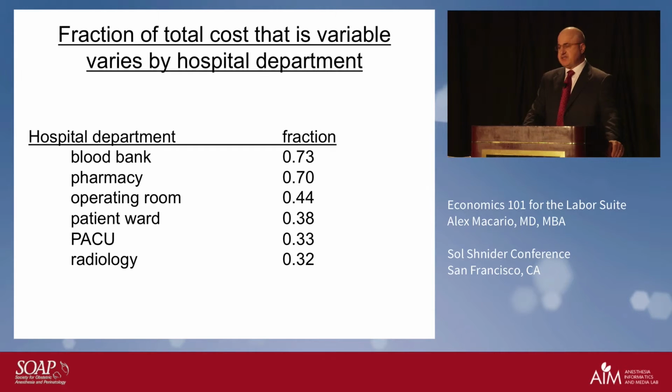In contrast, in radiology, most of the machines are overhead costs. So whether we order one less CT scan or not will not affect the cost as much as in the blood bank because almost 70% of the cost of radiology is an overhead cost. So figuring out where your cost centers that are heavy on fixed costs versus variable costs will give you some idea of the relationship between variable costs and overhead costs.